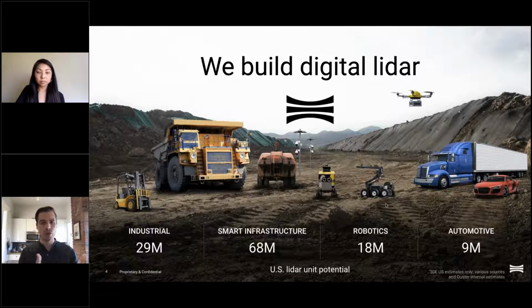So what you see here are four different markets, our four key markets that we play in. We have industrial, smart infrastructure, robotics, and automotive. Across those four markets, as we scale, we truly believe that LiDAR is going to become ubiquitous and will be on every moving object on Earth. These four industries cross huge spans of our economy, essentially our entire supply chain, as well as all of our transportation infrastructure.